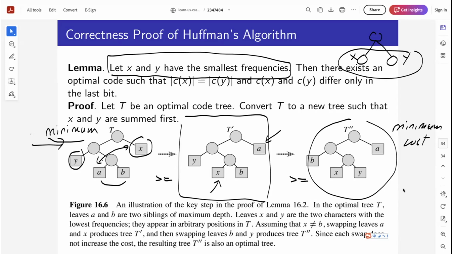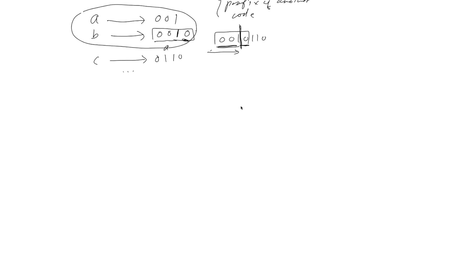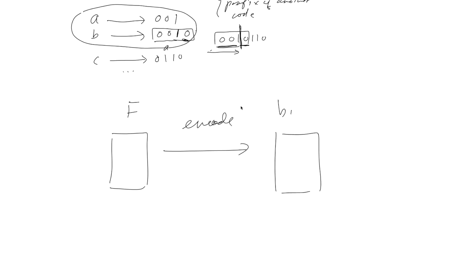So that means that when we actually, let me go to the whiteboard again. So let's say this is a file. When we encode it into a binary, you have to go with the mapping, the Huffman tree mapping.